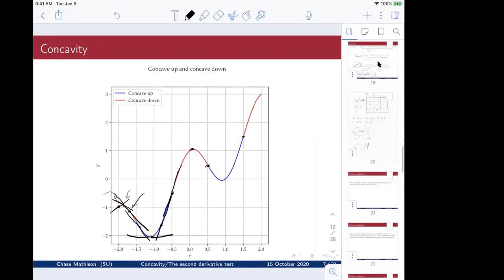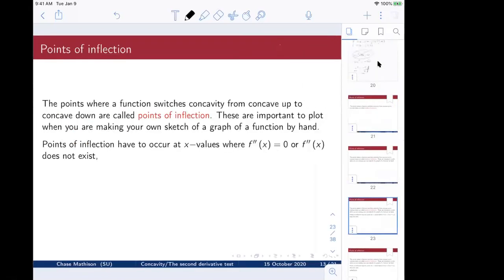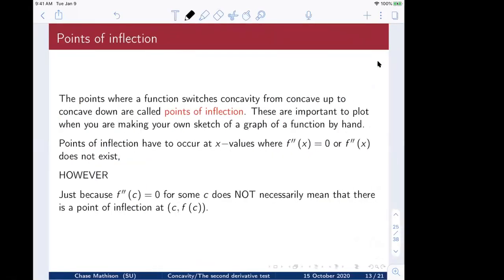So, are there any questions about points of inflection? It's not just where f double prime is 0, it's where f switches concavity.